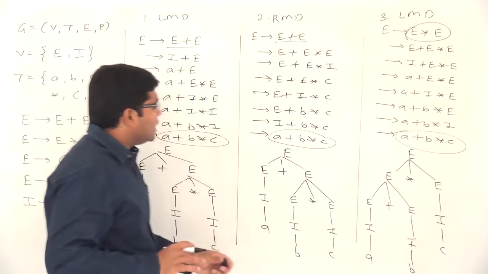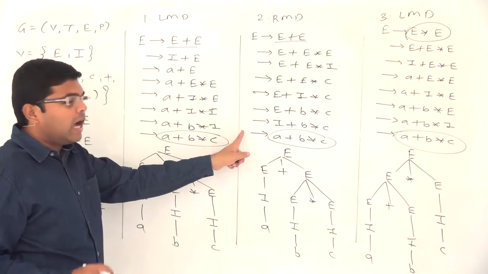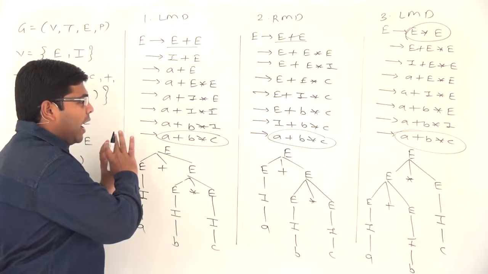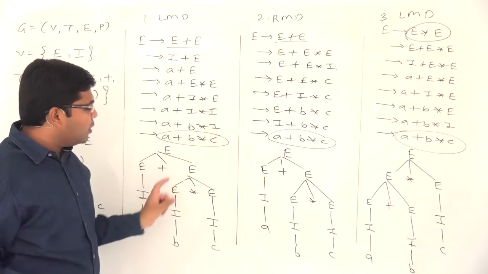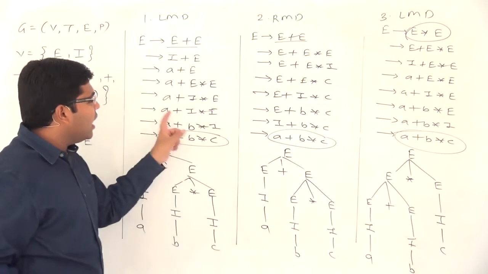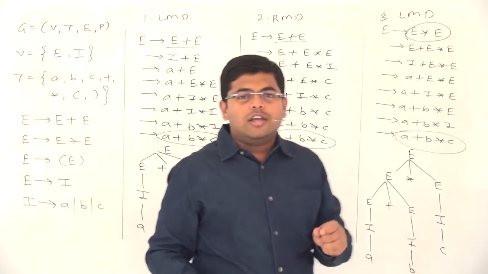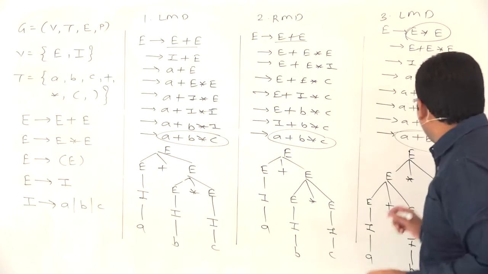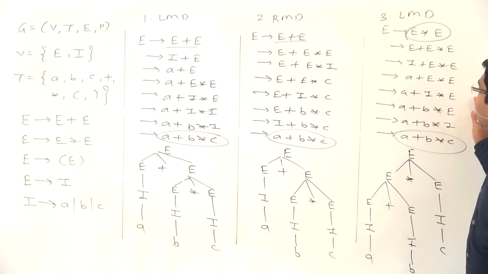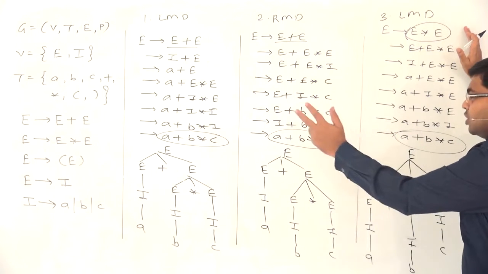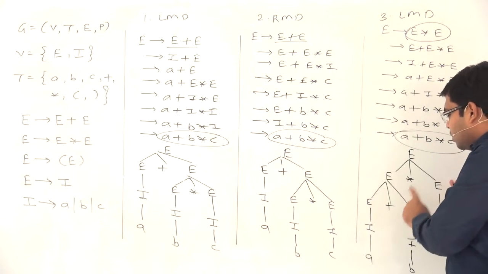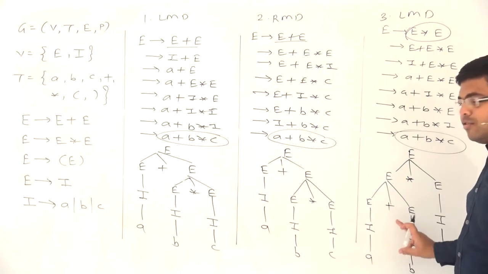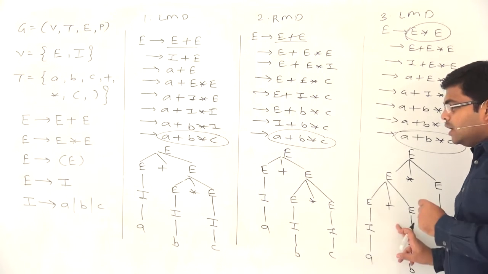And in the third case the derivation is different, and at the same time the derivation tree is also different. So we can say that the first two derivations are different but structurally the same, and they are different only because of the order in which we are replacing the variables. And in the third case the derivation is different and also structurally different, because the derivation tree that we are obtaining in the third case is entirely different.